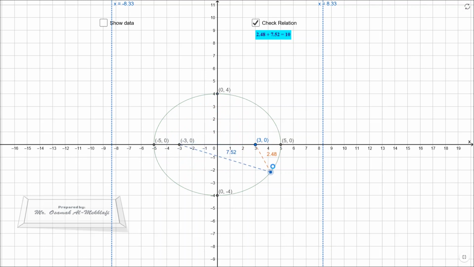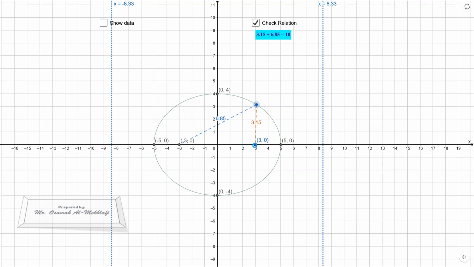So this is the definition of the ellipse. So the ellipse is the path of a moving point whose sum of distances to two fixed points is always a fixed value, and that fixed value is 2a here, which is 10.